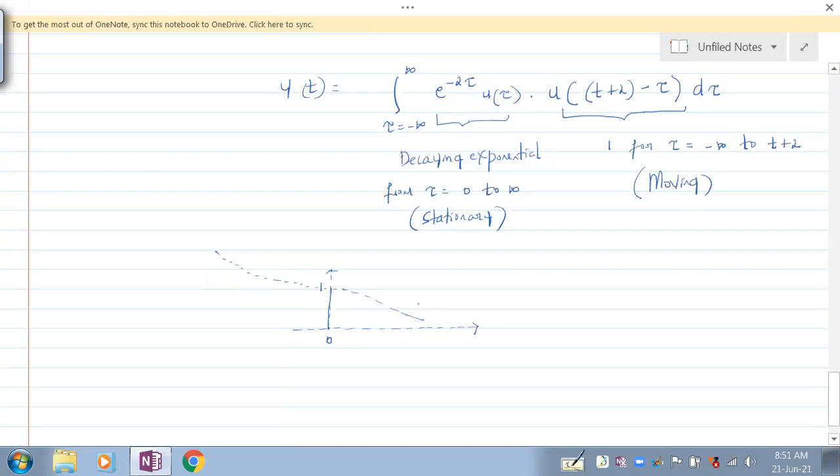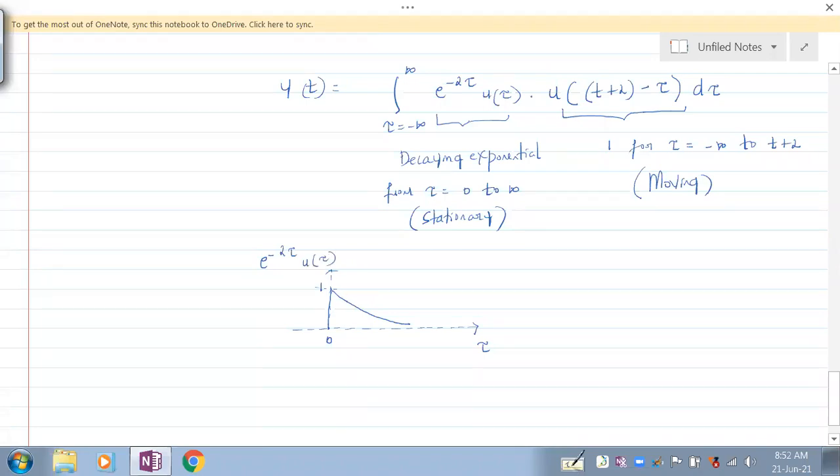Understand that? So, but since it is ranging from 0 to infinity, what we do, we just limit our signal from 0 to infinity like this. Understand this? Okay. So this is decaying exponential ranging from 0 to infinity, and at 0 it is 1, and this is tau. So what we have written is this e power minus 2 tau, u of tau.